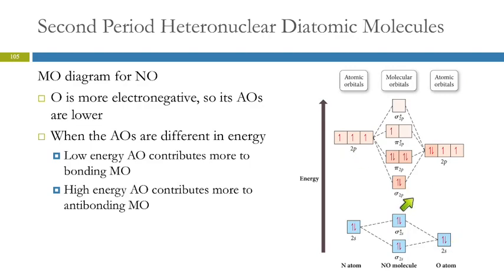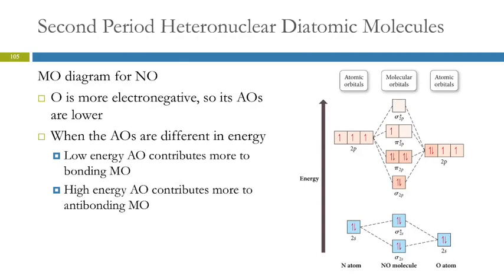And so this one's going to be a little cockeyed here. The lower energy atomic orbital contributes more to the bonding orbitals and less to the anti-bonding orbitals. The higher energy atomic orbitals contribute more to anti-bonding than to bonding.